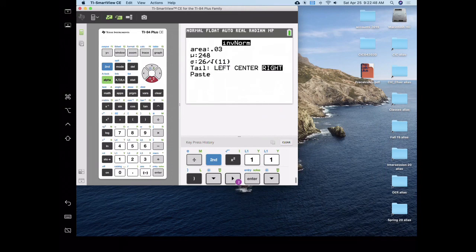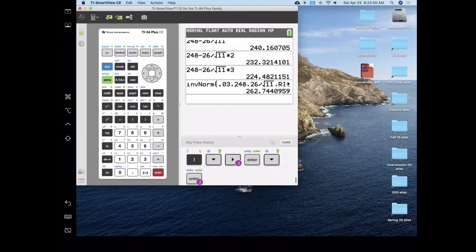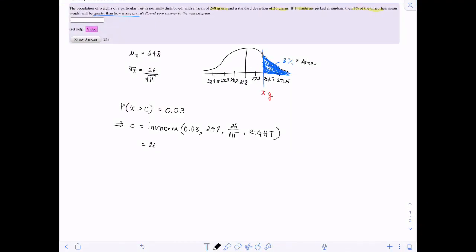And so this will give us that value. So it's 262.7. And let's not forget, they specifically wanted us to round to the nearest gram. So let's go ahead and round to the nearest gram, which would be 263 grams.